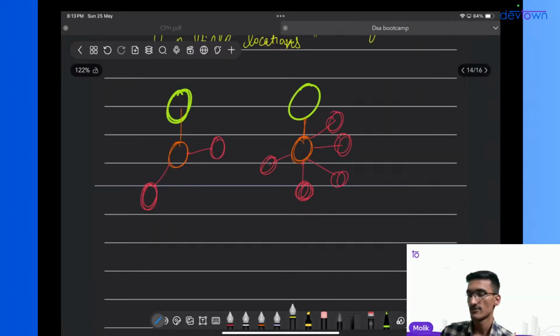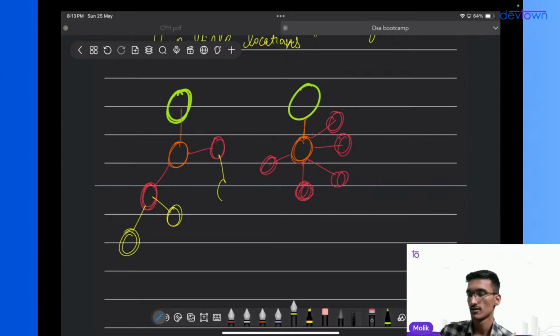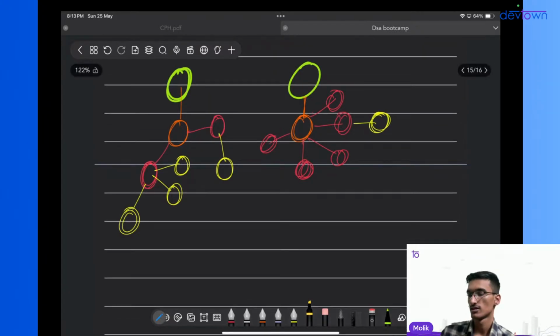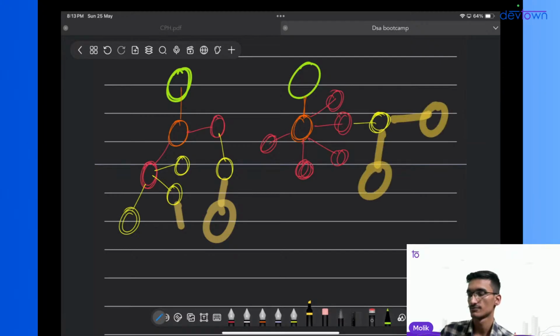I'm just trying to visualize how the BFS is running. I hope that everyone is able to realize it.